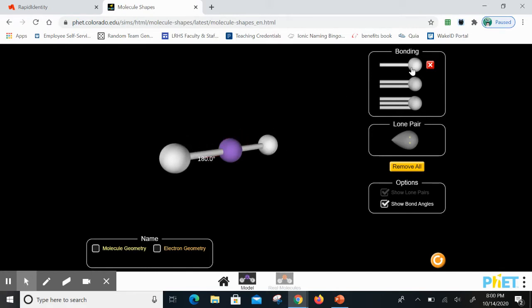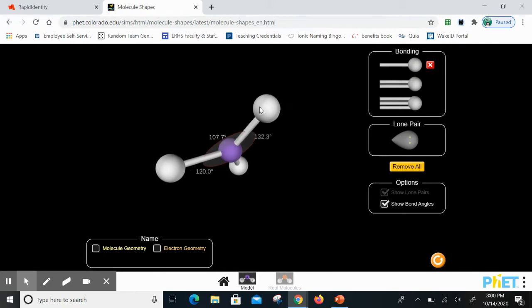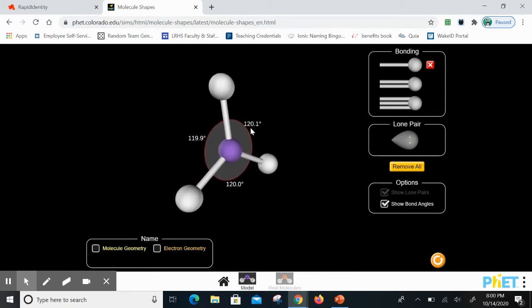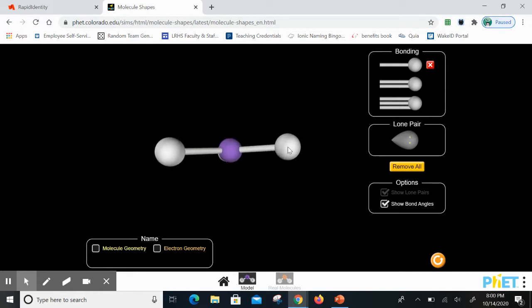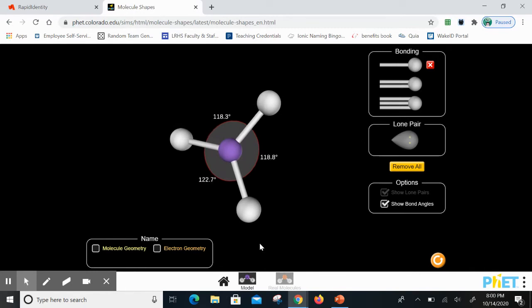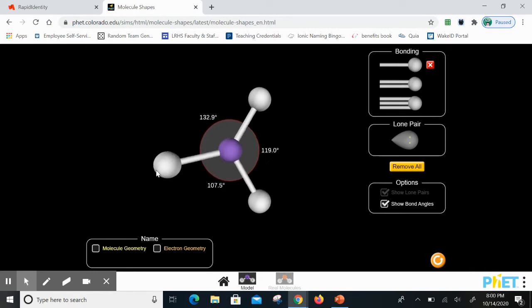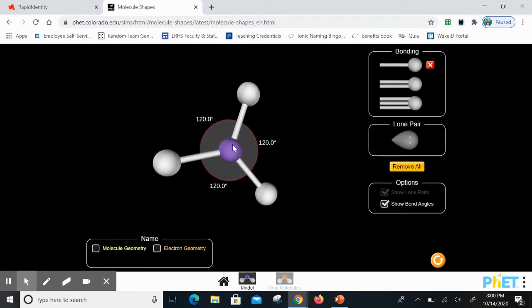If you add a third thing, now everything's 120 degrees, and you can see that everything's on the same plane. So you can get it so that basically everything looks like you could put a tray on top of it and it would be fine, right? There's no bump in the road there. So trigonal planar is when you have three things around a central atom, three areas of electrons.